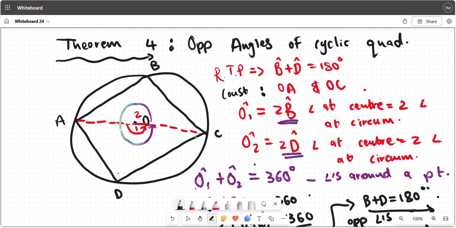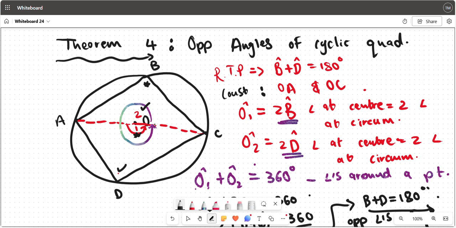So this one is quite straightforward. There isn't much brain activity that needs to happen for this one. You just need to remember that you're using theorem number 2 to state that O1 this side is equal to twice that guy there, and that O2 that side is equal to twice the D there.